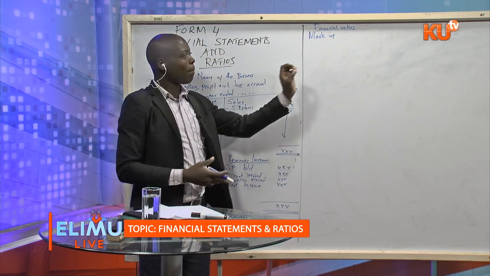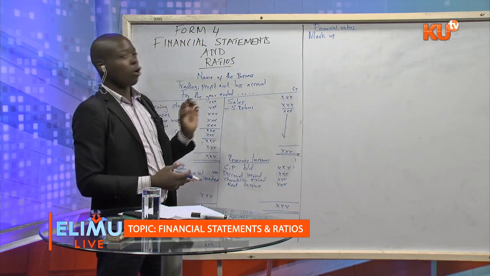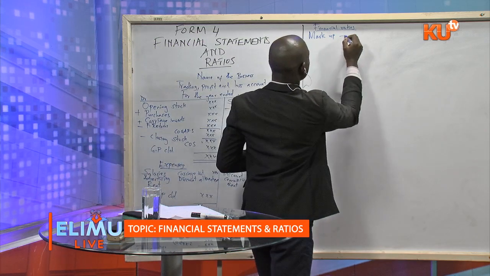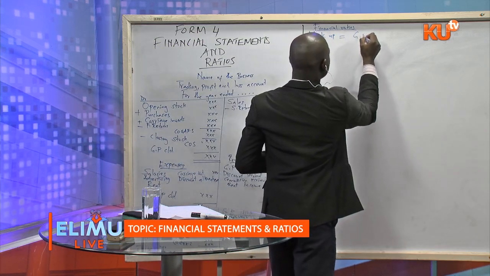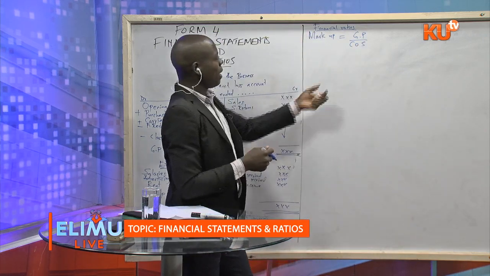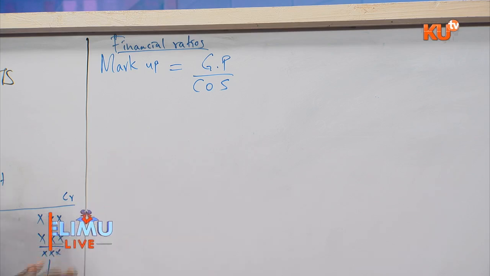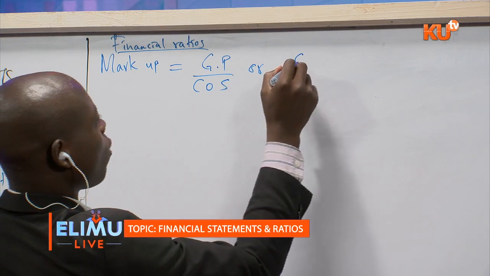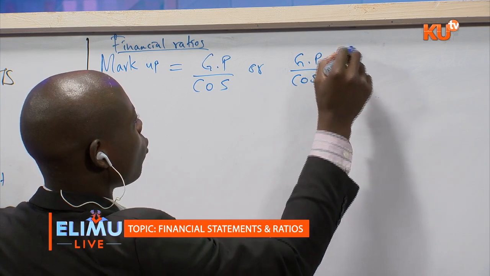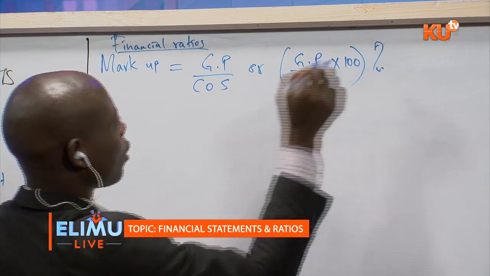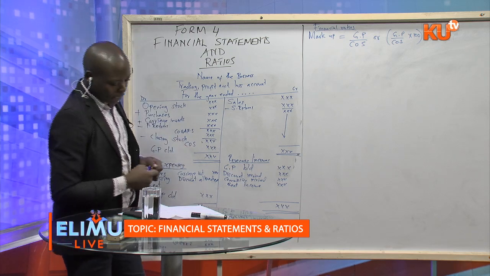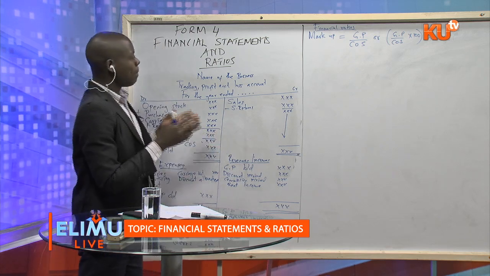We express markup either as a percentage or as a ratio. Therefore, we use the formula gross profit over cost of sale. It can either be a fraction, or we can say gross profit over cost of sale times 100 to get it as a percentage. That's how we calculate markup.